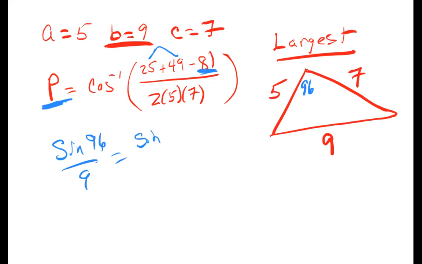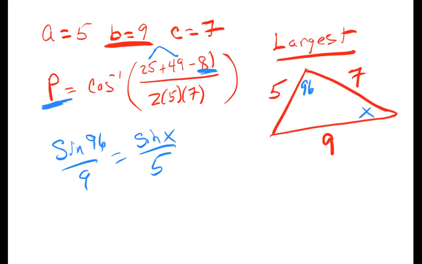Sine of, I'll call it X. We can find that angle, and then we're home free, because then we have 2 angles, and we can find the third by the triangle sum.